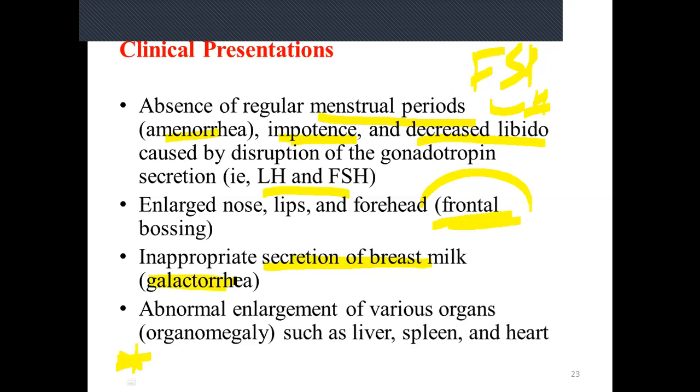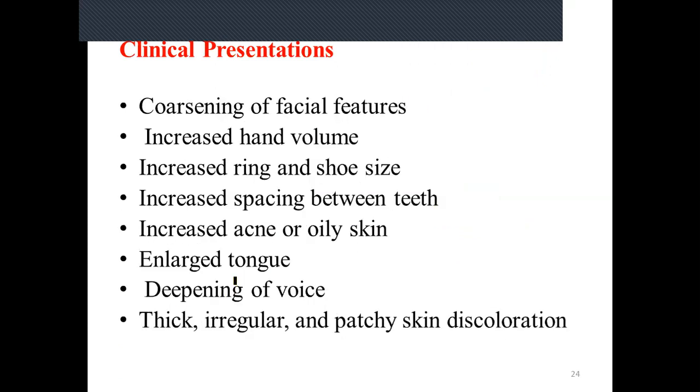Then in the organs, there is abnormal enlargement. Organomegaly is very common in the liver, the spleen, and the heart. This can ultimately impair the normal function of the organ because of excessive enlargement.